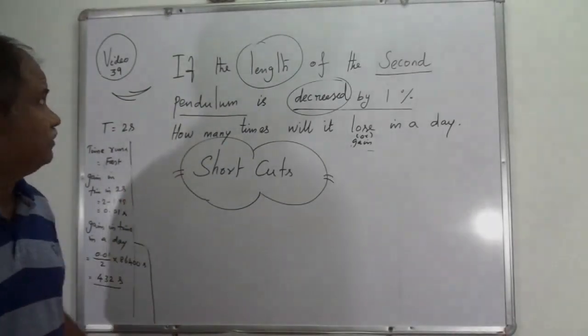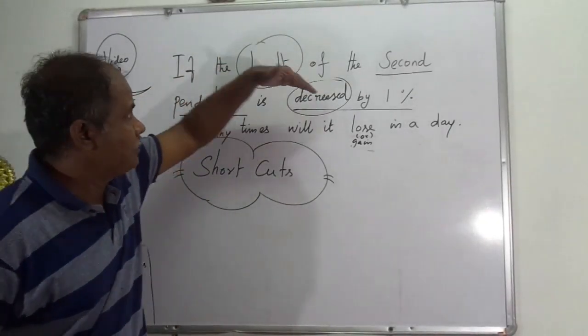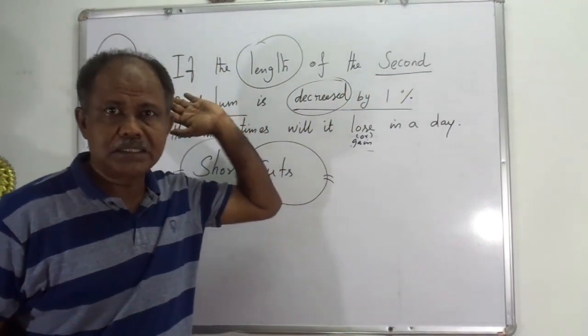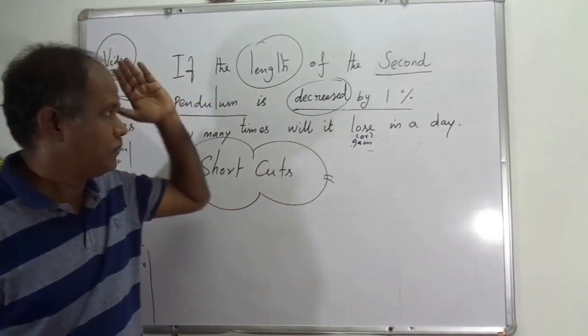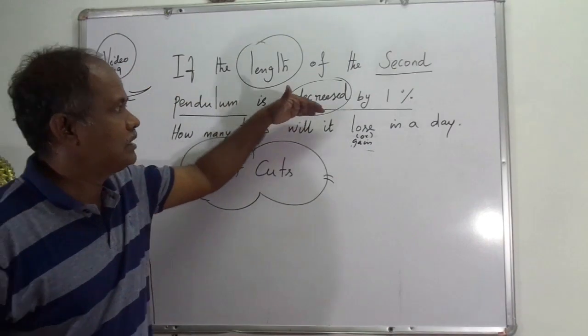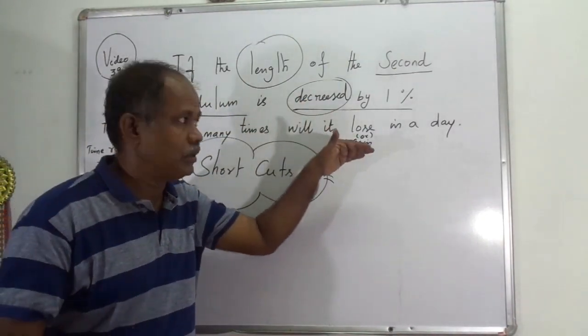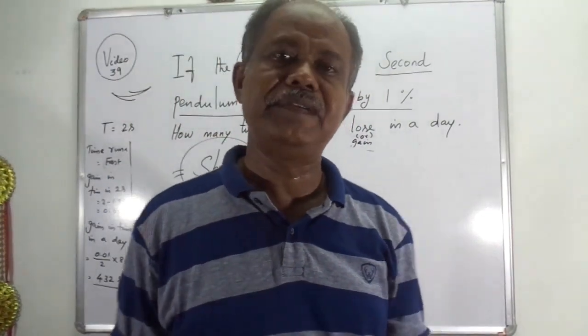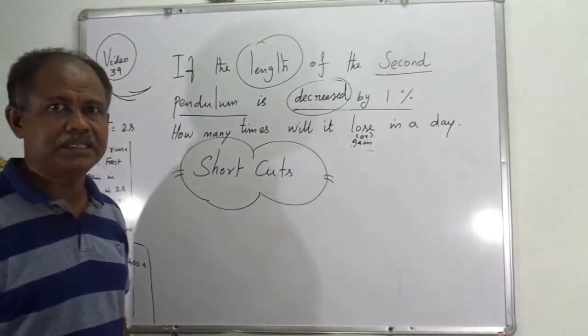Actually, this is a shortcut way. If the length of the second pendulum is decreased by 1%, how many seconds will it lose or gain in a day? This question was asked previously in the entrance examination.